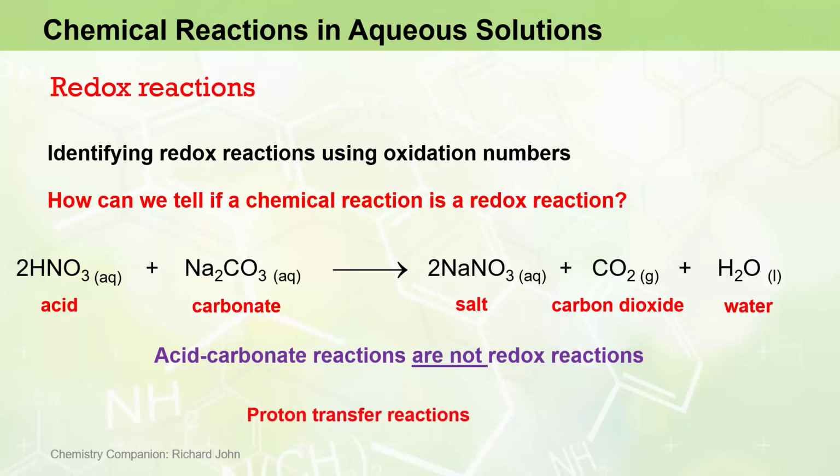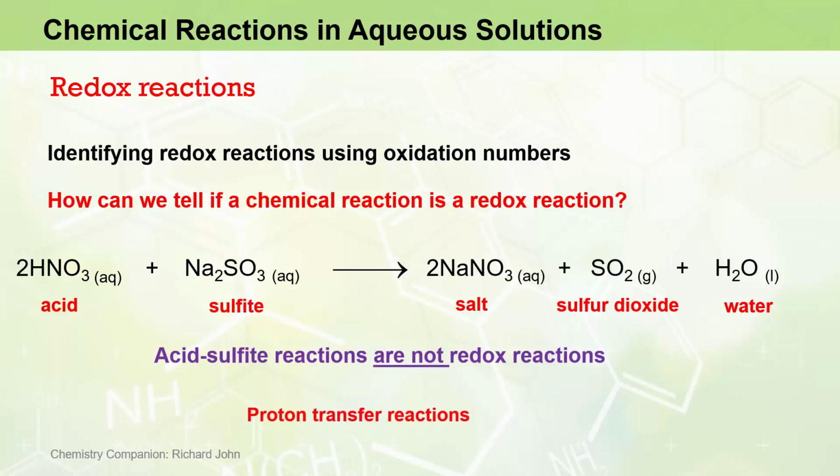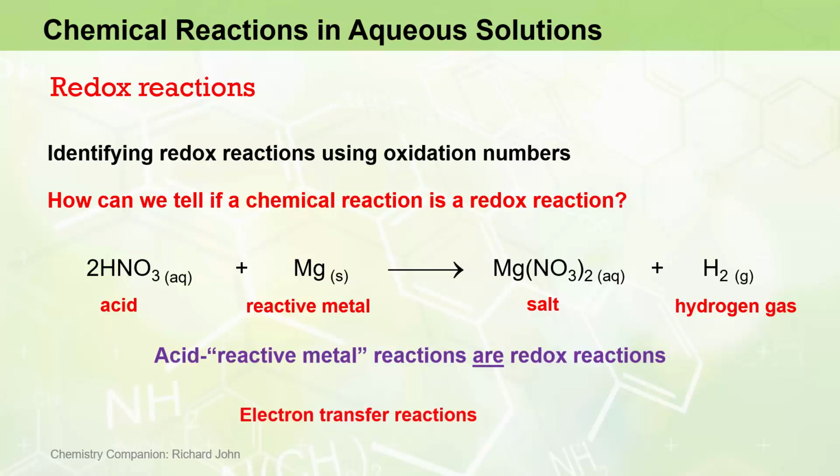They are also proton transfer reactions. And what about acid plus sulfite reactions, which produce a salt plus sulfur dioxide plus water? It also turns out that these reactions are not redox reactions, but are proton transfer reactions. And yet, as we've seen, reactions between an acid and a reactive metal are redox reactions that involve electron transfer.